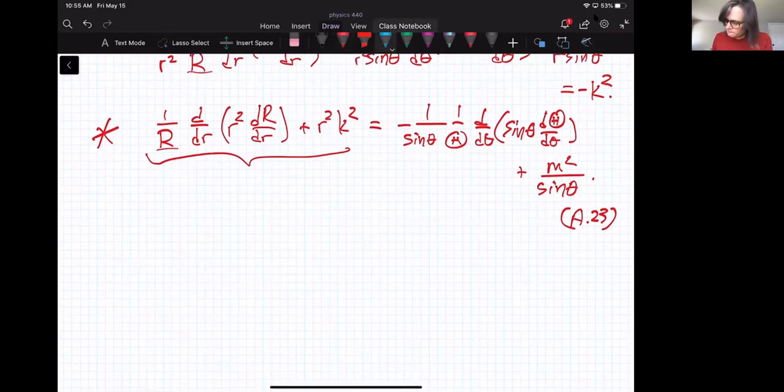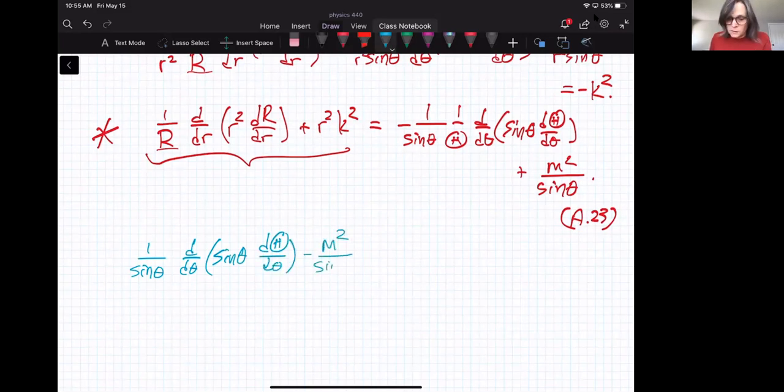we can say, look at 1 over sine theta d d theta sine theta d capital theta d theta minus m squared over sine squared theta capital theta plus, say, q times theta is equal to 0, where we're identifying functions.